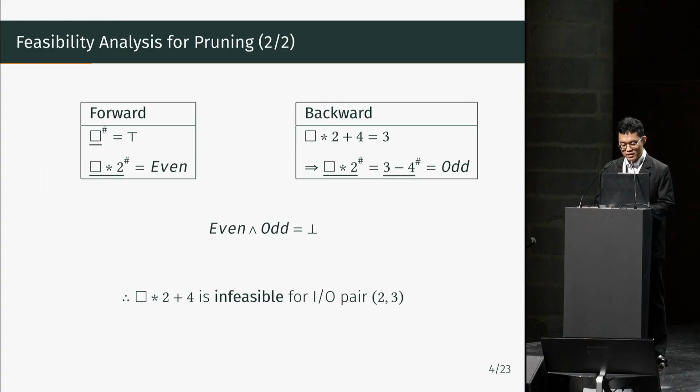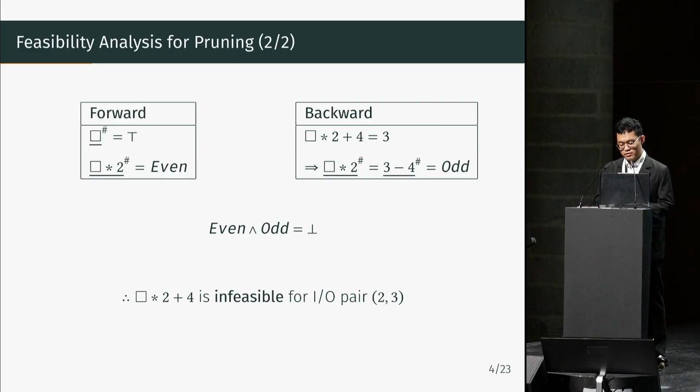We can analyze this by abstract interpretation, especially forward and backward interpretation both. The forward analysis will give hole as top and hole times 2 as even.